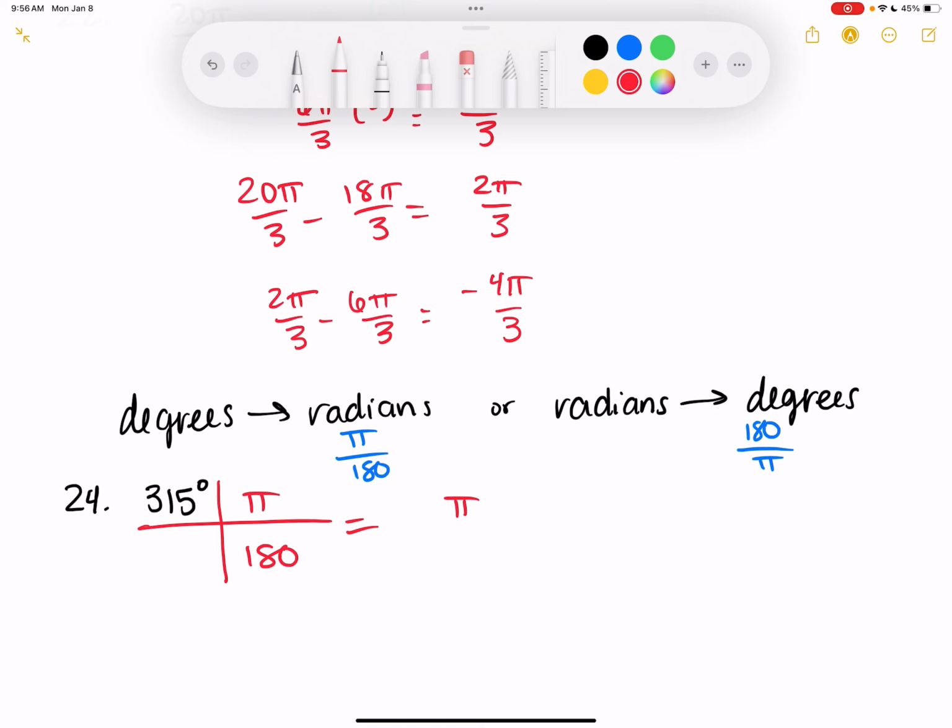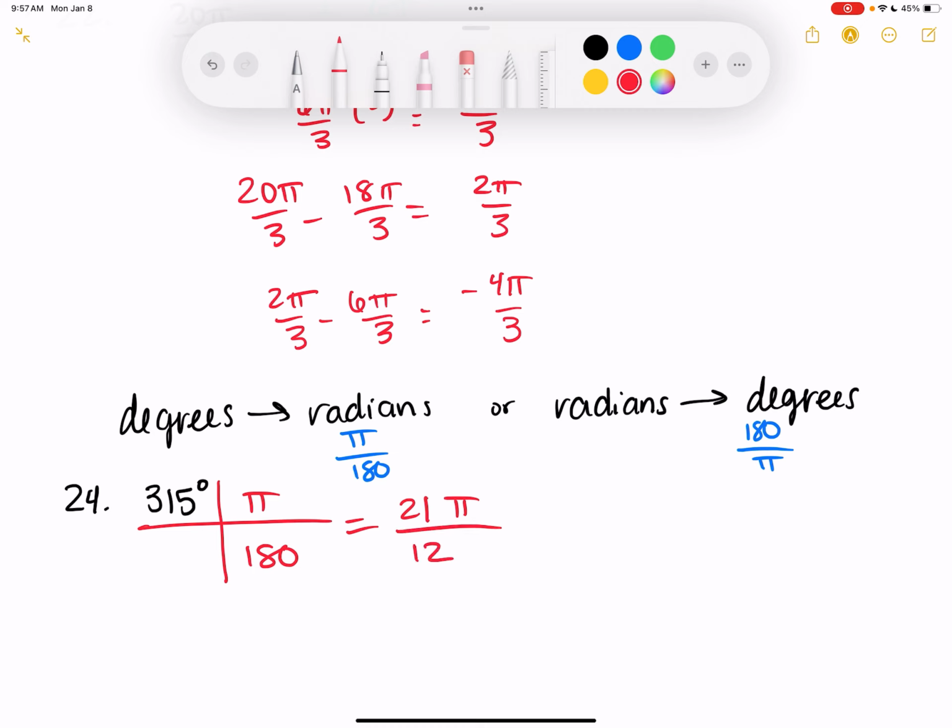So any idea what I might be able to take out of that to reduce it? 30. Or 3, 8, 15. Okay, I would try 15 because it's bigger. At this point, if you need to get your calculator to reduce it, that's fine, but don't just plug it in. So 315 divided by 15 is 21, so that would be 21 pi over 180 divided by 15 is 12.